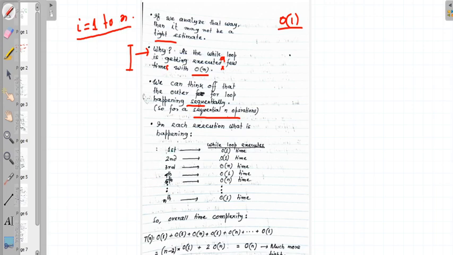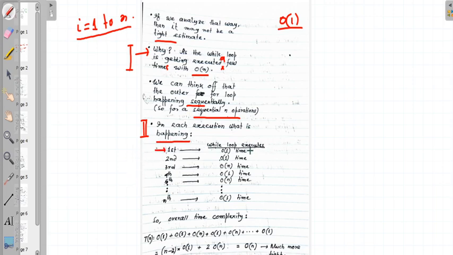Now, as we have argued in the first slide, what is this amortized analysis? We are doing some kind of detailed analysis, looking at what is happening in each execution.